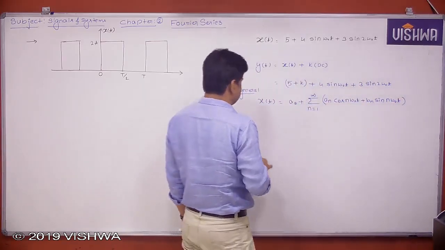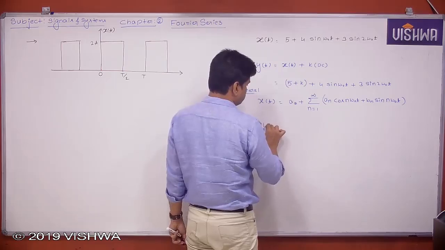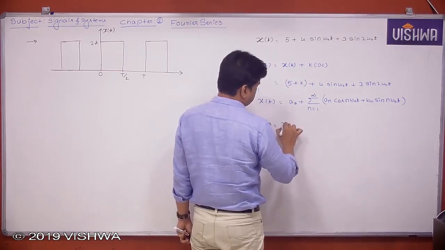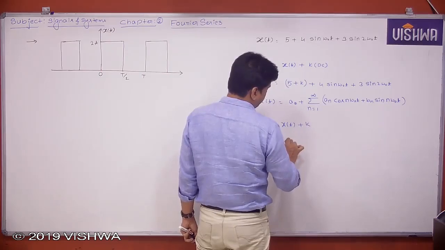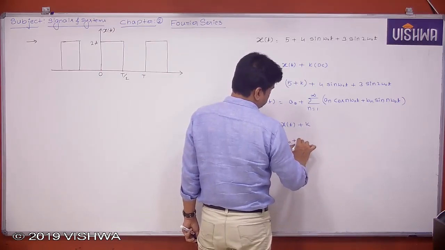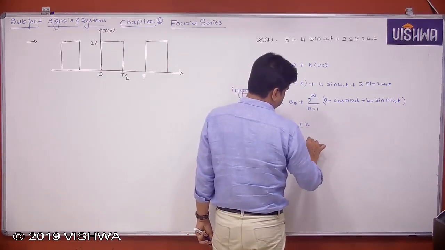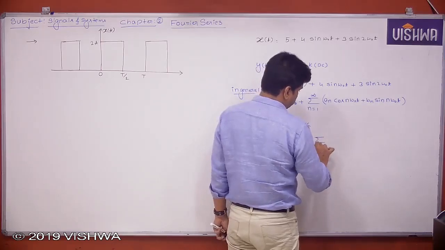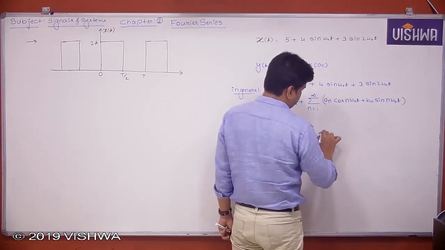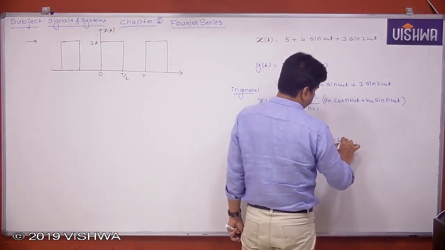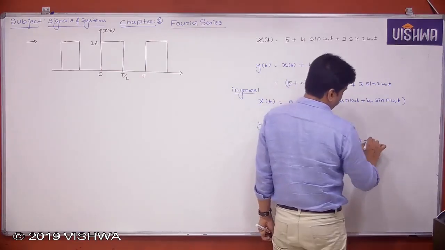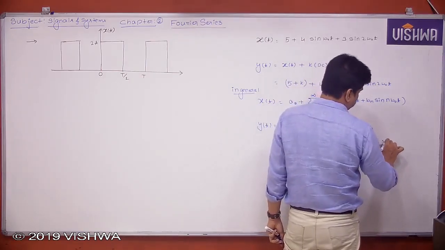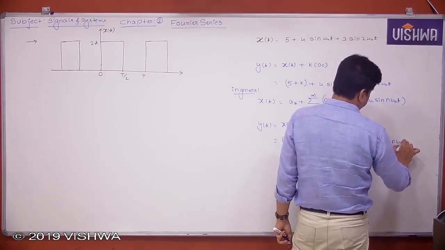If I take y of t equal to x of t plus k, then where is the change? a0 plus k plus summation n equals 1 to infinity of an cos n omega naught t plus bn sin n omega naught t.